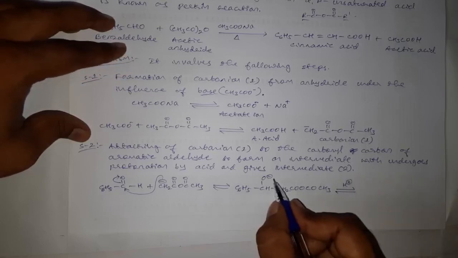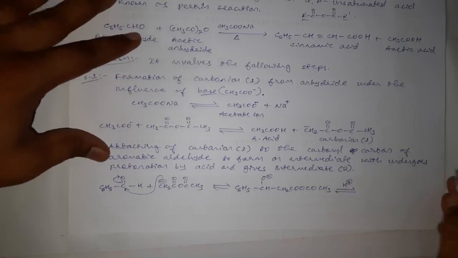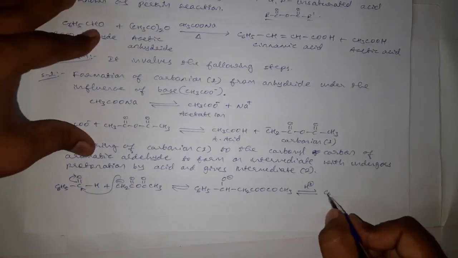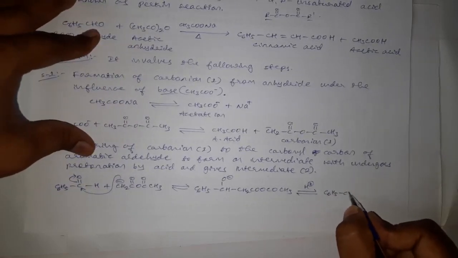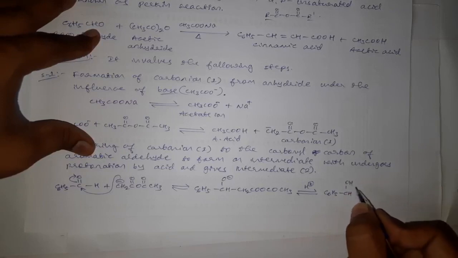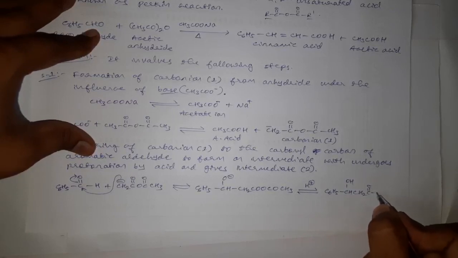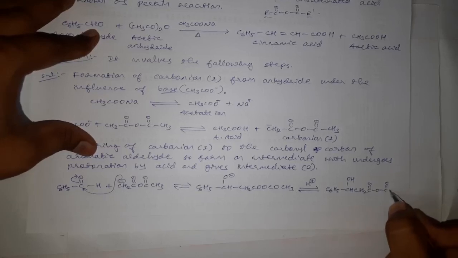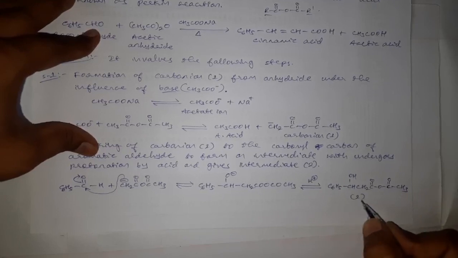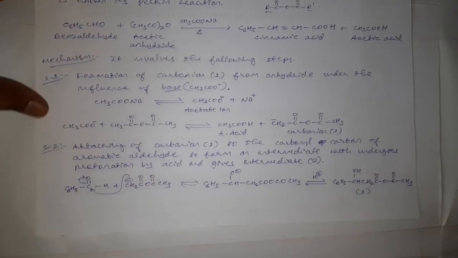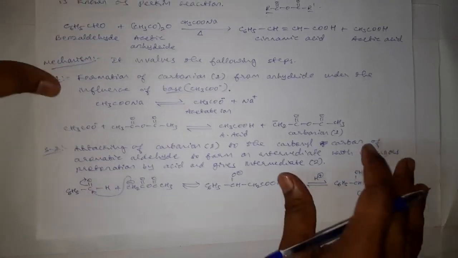This negatively charged oxygen will drag a proton and form C6H5CHOH CH2 C=O, O, C=O CH3. This is intermediate 2. This is step 2 of the mechanism.